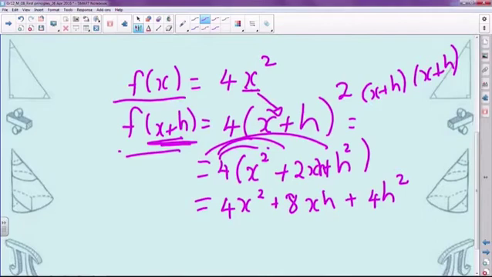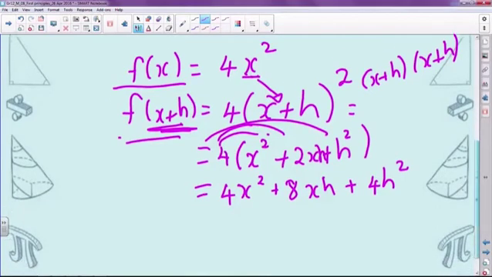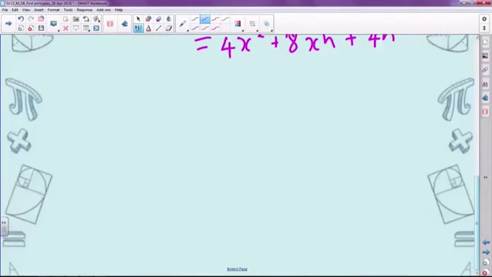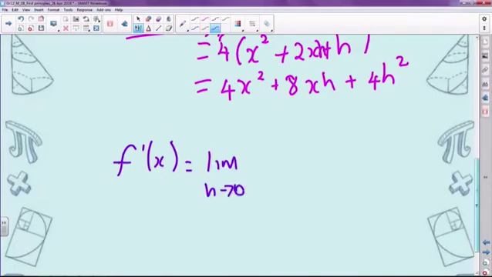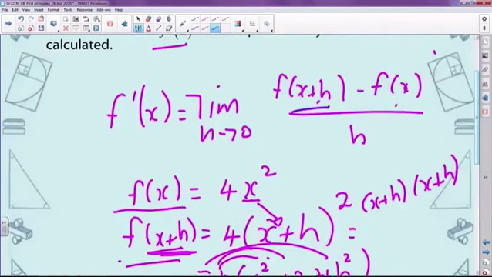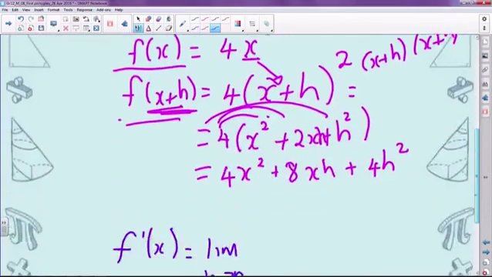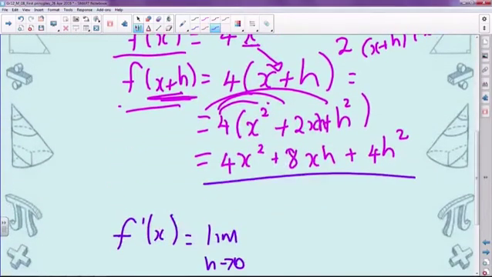All right, so I know what f of x plus h is. I know what f of x is. I can now substitute back into my derivative definition. So f prime x is going to be equal to the limit as h tends to naught of, remember it starts with f of x plus h, but we know the overall value is what we've worked out.